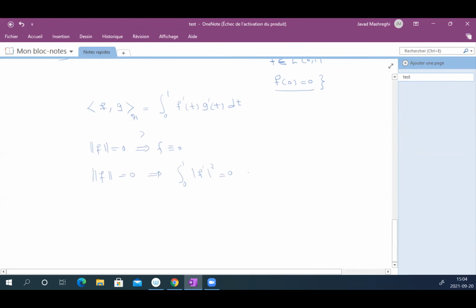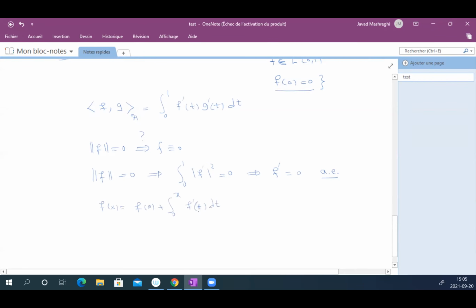And this implies that f prime is equal to 0. Be careful here, not for all points, almost everywhere. But absolute continuity is relevant here. We know that f of x is given by f of 0 plus the integral from 0 to x of f prime t dt.